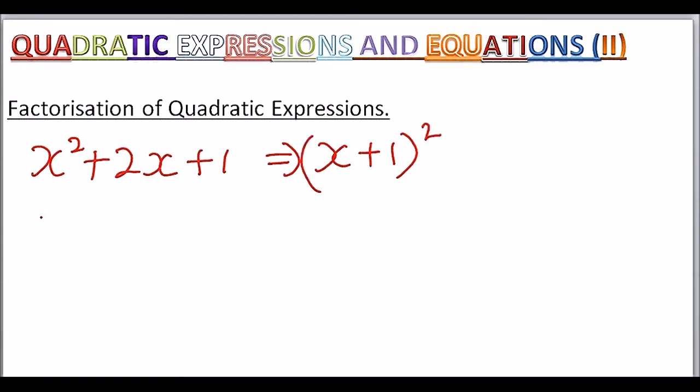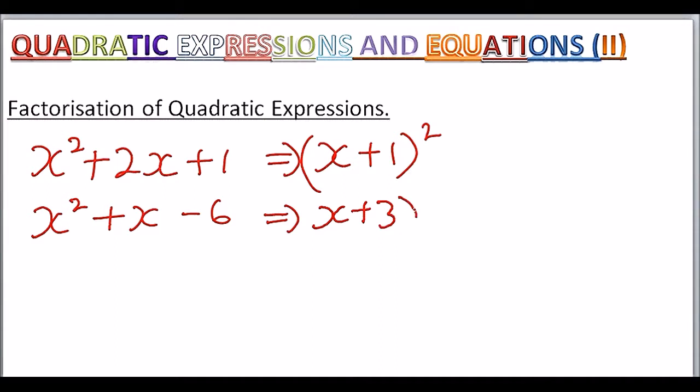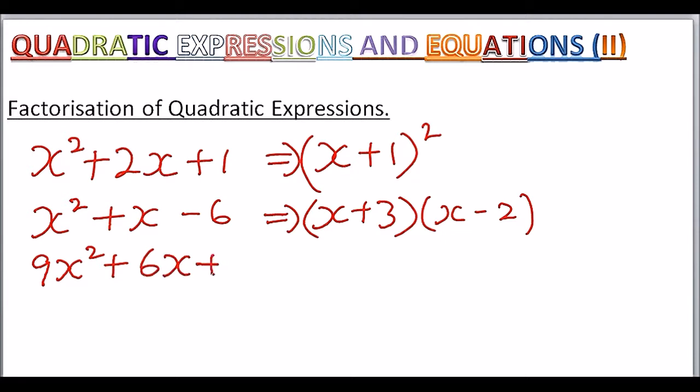Then we factorized x squared plus x minus 6, and we got x plus 3 and x minus 2. The other one is 9x squared plus 6x plus 1, and we got 3x plus 1.